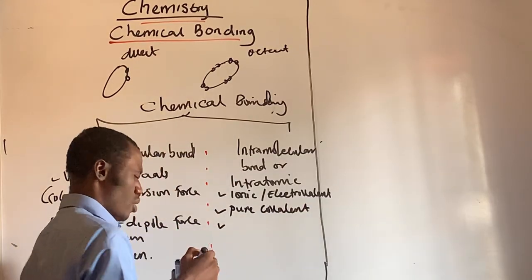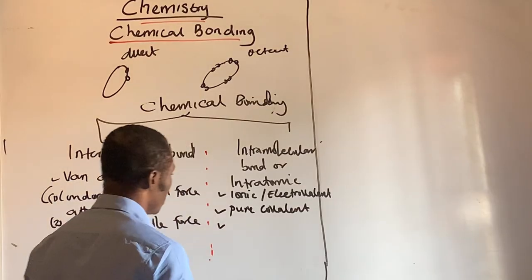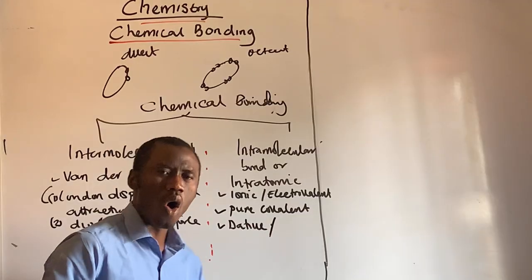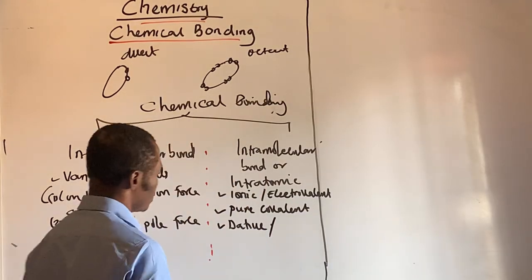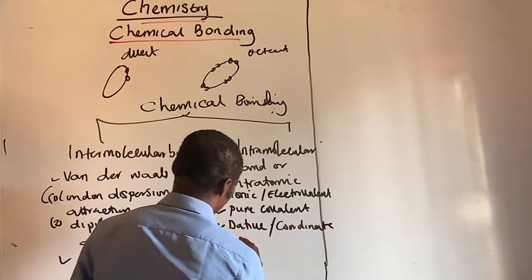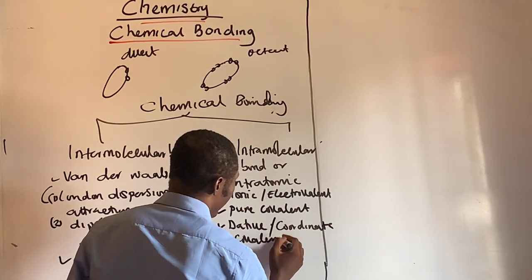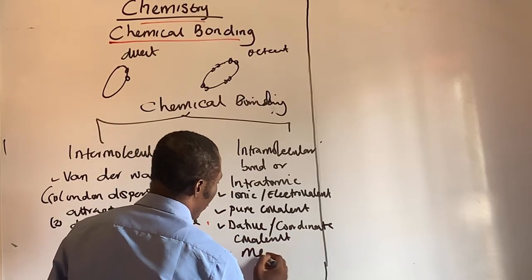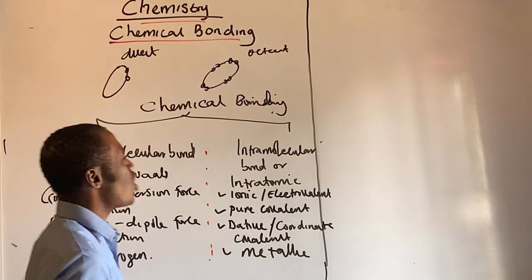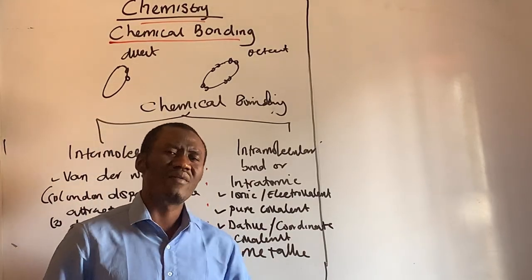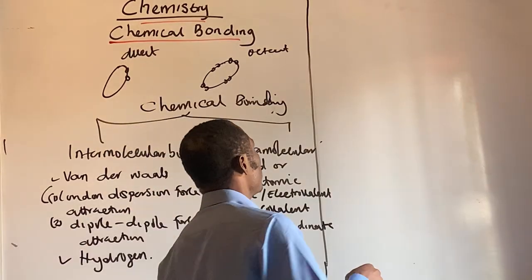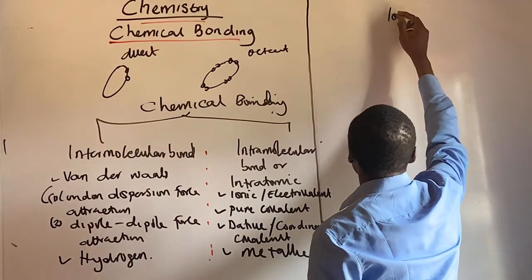Number three, we have the dative or coordinate covalent bond. Then finally, we have the metallic bond. Now we're going to examine all these bonds and find the concept behind each. We'll start with the first one, which is the ionic bond.